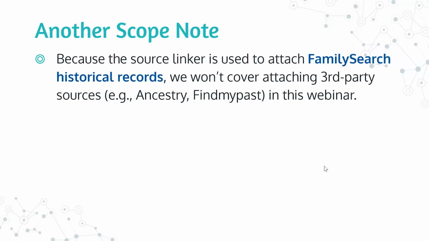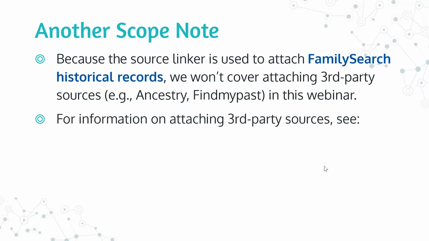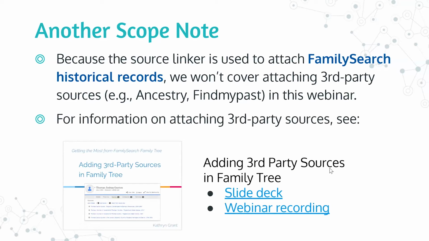We will not be covering those in this webinar, but there is a separate webinar on those. These links right here are live, and I did just at the beginning of this class put the link to the presentation in the chat. So if you open up the link to the presentation and then you go to this slide, you'll be able to click on these links and get to either the slide deck for it or the webinar recording.